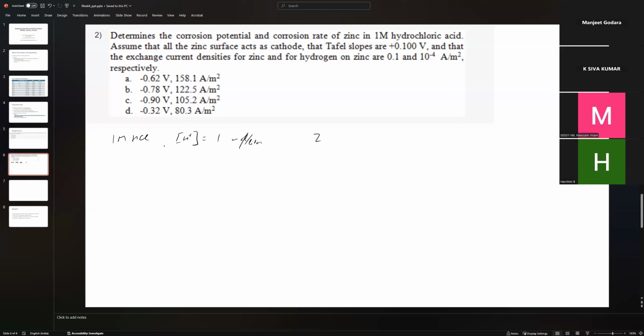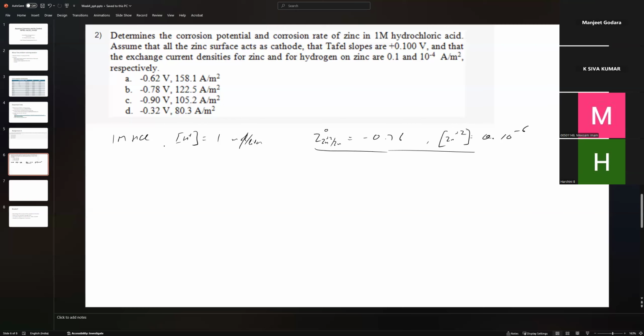The zinc standard reduction potential was given as minus 0.76, and the zinc ion concentration was also given as 10 to the power minus 6.